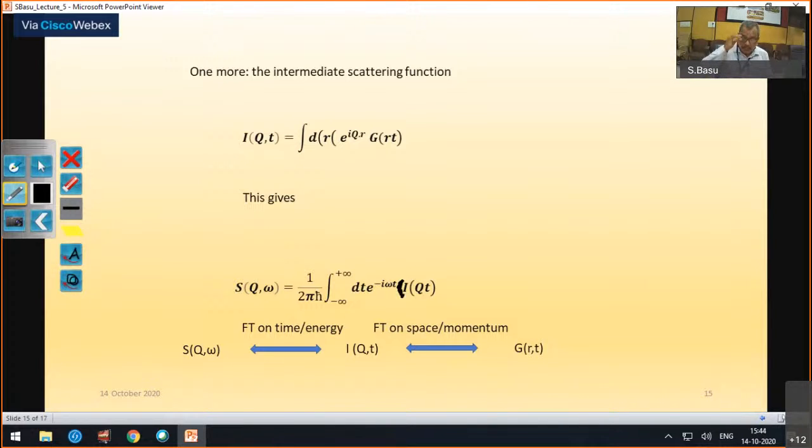I'll stop now, and I'll request you to ask me questions at this point, because it is important for you to understand that experiments are done in q omega space, but actually the experimental results depend on the real space correlations, which are given by G of r t, and we are trying to come back to G of r t from S of q omega.